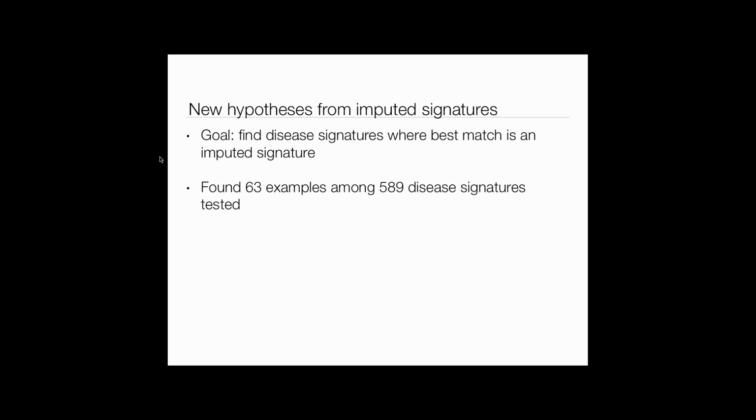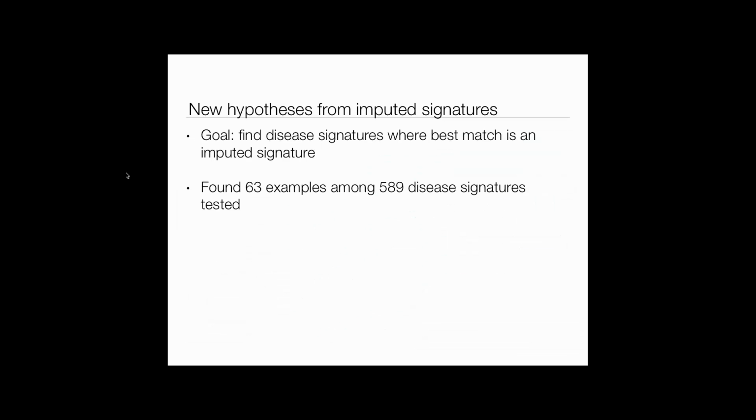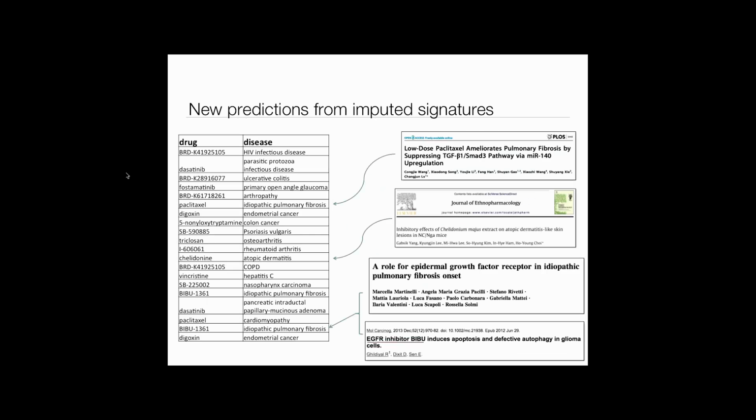For the 589 disease signatures that I tested, I found 63 examples of this. These are the top 20 of the 63 examples that I found, connecting drug-disease pairs.